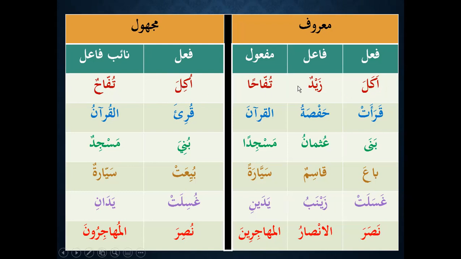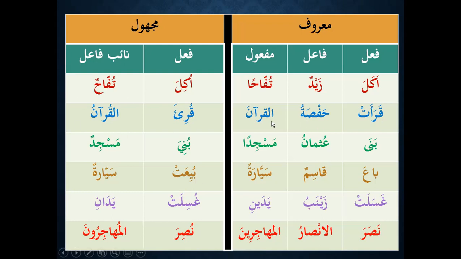Here it is: Zaid ate apple. Fa'il, which is marfu', maf'ul, which is mansoob. Fi'il majhool and naib fa'il, which is marfu'. You would not need maf'ul there because maf'ul has taken the place of fa'il, and it is naib fa'il now. And the fa'il has been deleted.